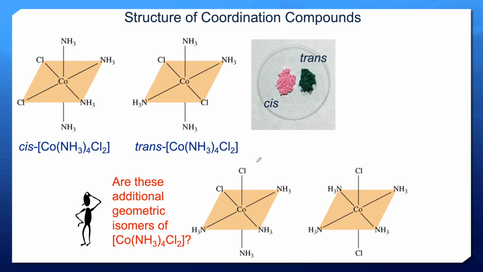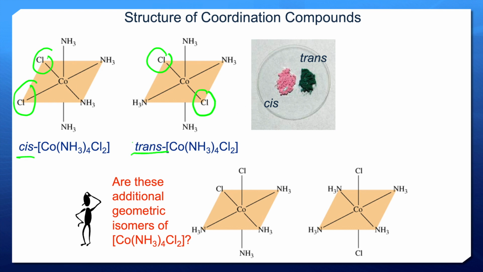Other than that, we have the cobalt complexes here. This is where we have the cis because we have the same side of chloride, and this is where we have the trans, where we have the opposite side of the ligand. So this is what we call the cis and also trans.